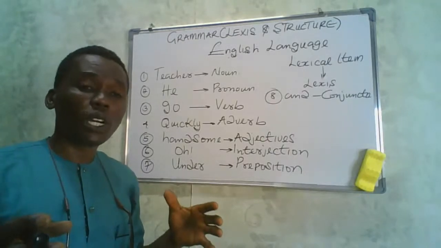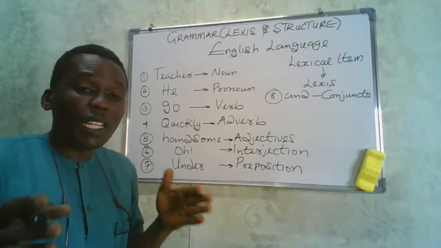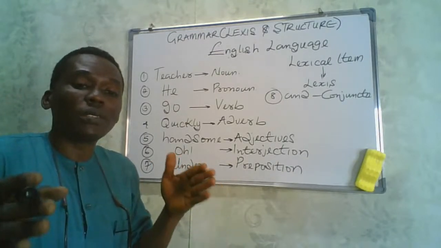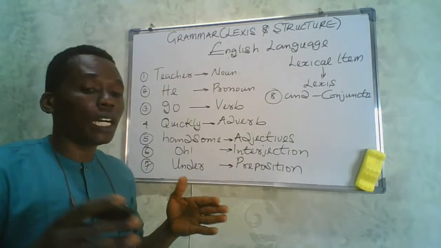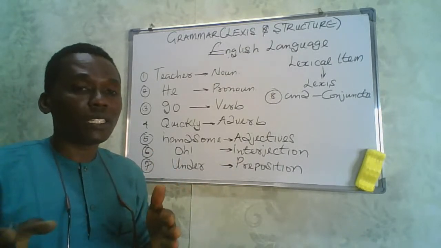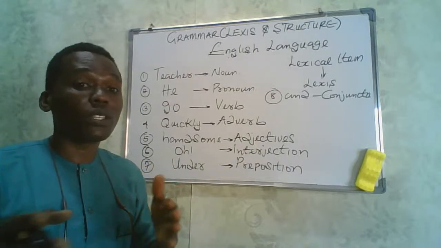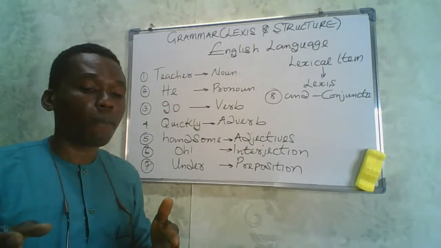Now, whenever you are talking about lexis in English language or in any examination situation, it refers to the test of any candidate under diction. So when you are being tested on lexis, you are being tested on diction, that is the appropriate use of words.